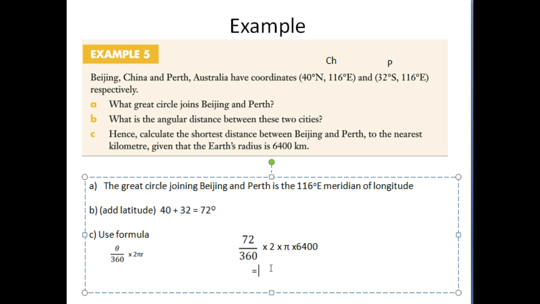If we plug that into our calculator, we should get 8,042.477, which we will round to 8,042 kilometres. Make sure you put your measurements in there.